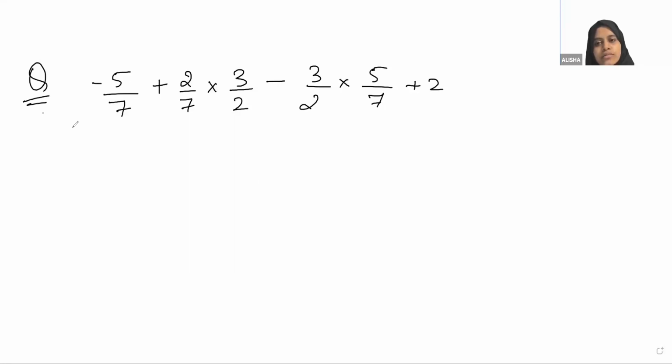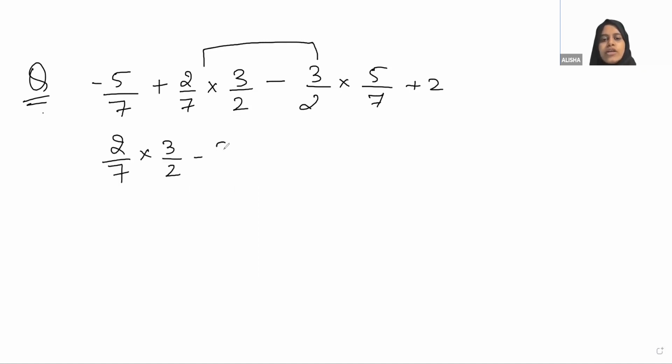Understood? Yeah. What will you do? First rearrange it. Write these two expressions first: 2 by 7 multiplied by 3 by 2, minus 3 by 2 multiplied by 5 by 7.